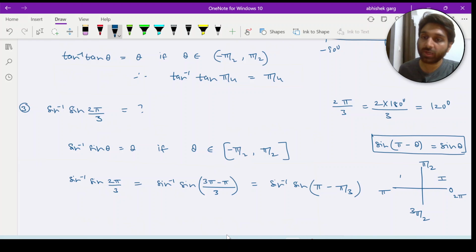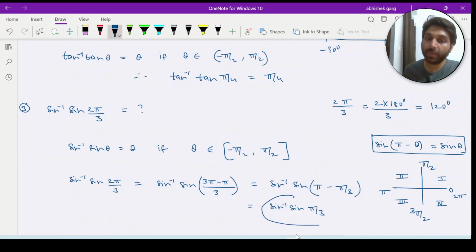This is the first quadrant, second quadrant, third quadrant, and fourth quadrant. Now what is this? This is pi minus theta. Pi minus theta lies in the second quadrant, and in the second quadrant sine is positive, so we get only and only sine theta. So we can replace sine pi minus pi by 3 with just sine pi by 3.